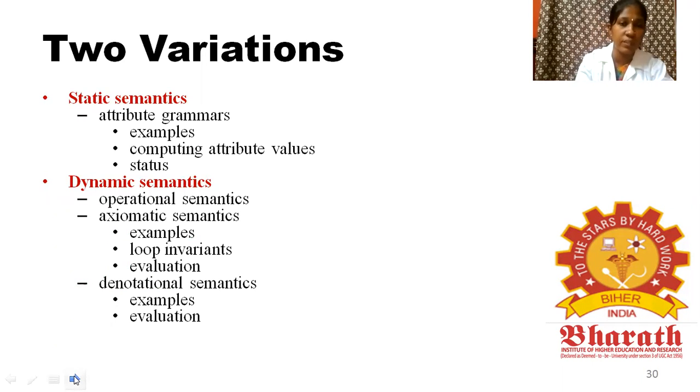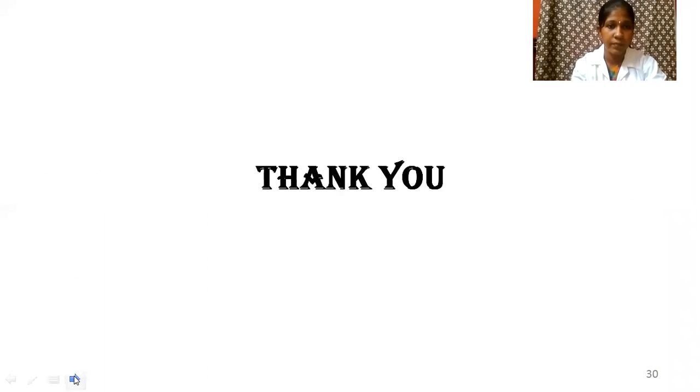Two variations of semantics have been given, static semantics and dynamic semantics. After the analysis of these things, we move on to the variations of the semantics itself. The static semantics are attribute grammars, and the dynamic semantics are operational semantics, axiomatic semantics, and denotational semantics. This is the next step in the semantic analysis.